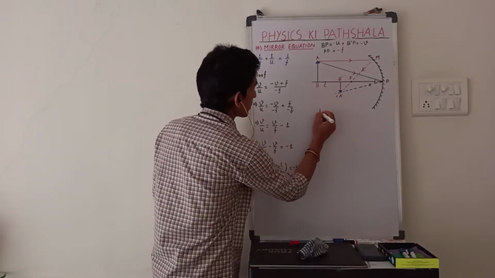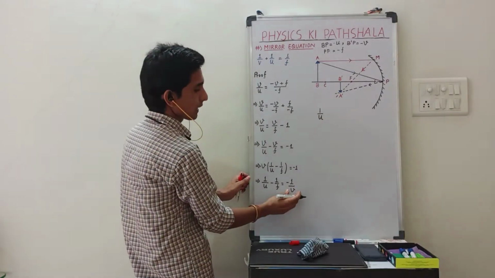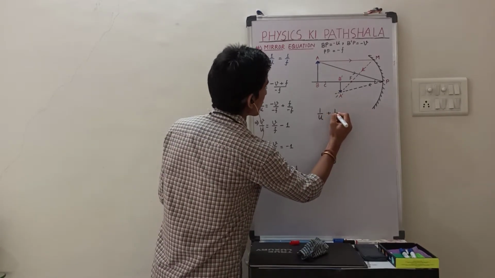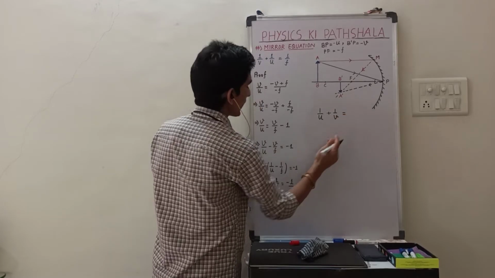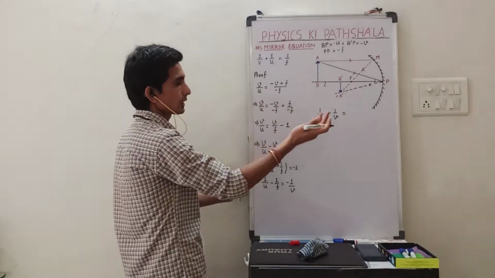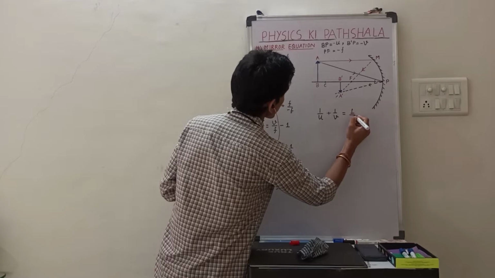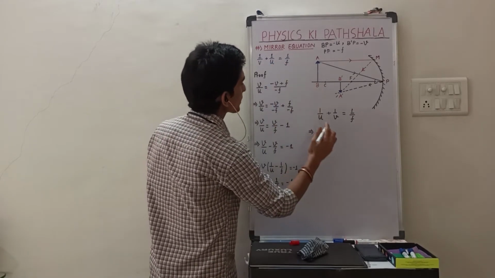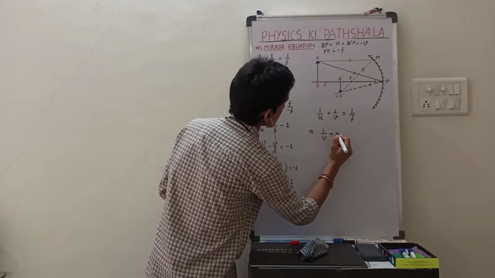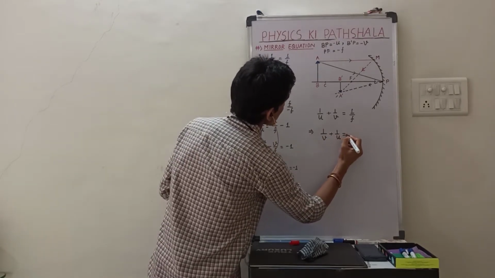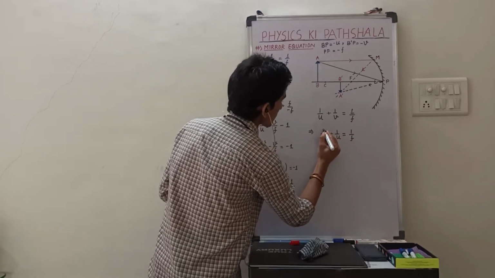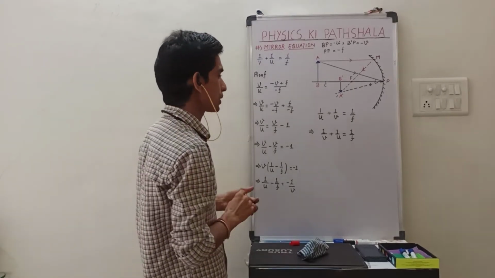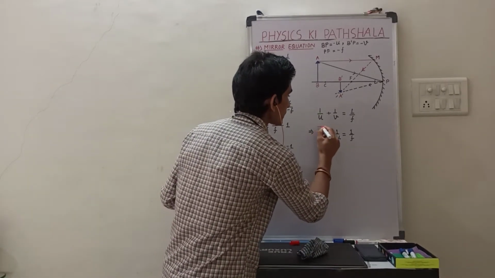So on the left I will be left with 1 upon u already, and I am taking this 1 upon v, so this will become plus 1 upon v, and if I take 1 upon f on the right hand side, it will be plus 1 upon f. Once again I rearrange it according to our requirement. So this is 1 upon v plus 1 upon u is equal to 1 upon f. So this is what we have to prove, we have to achieve as the mirror equation.